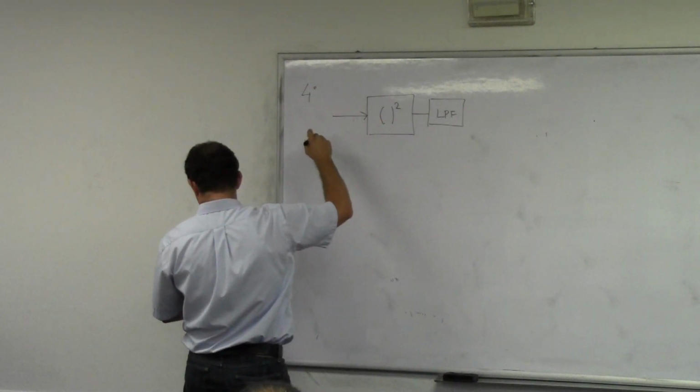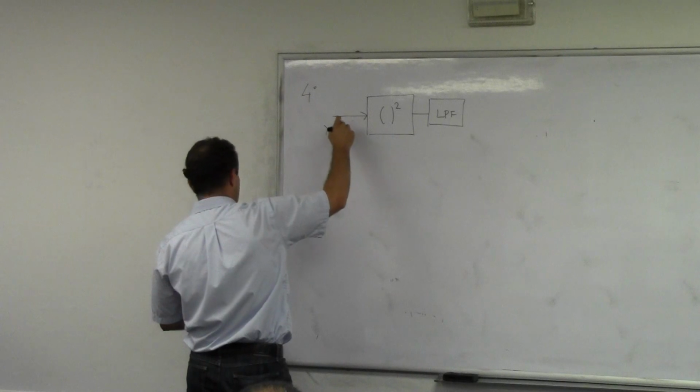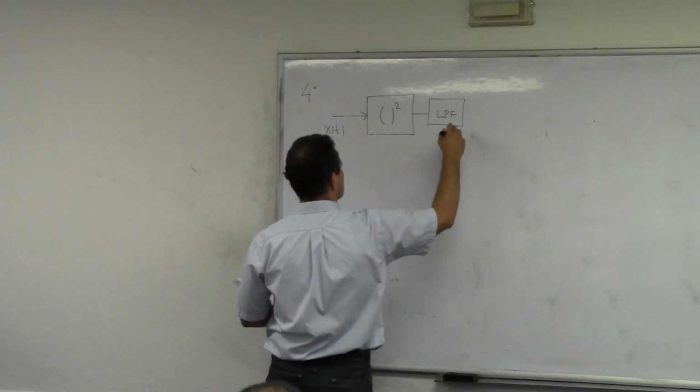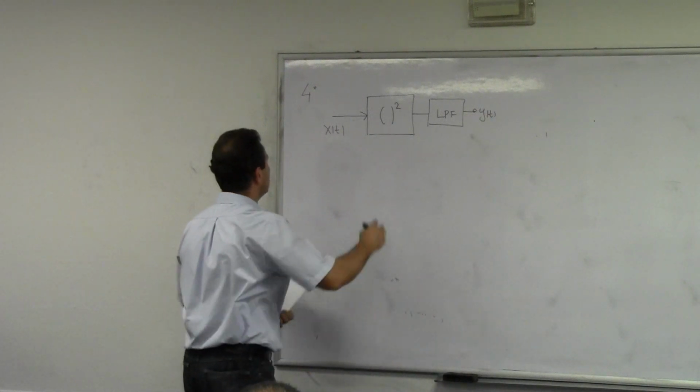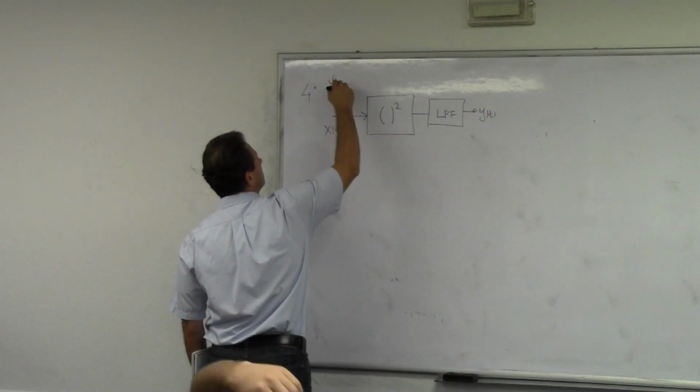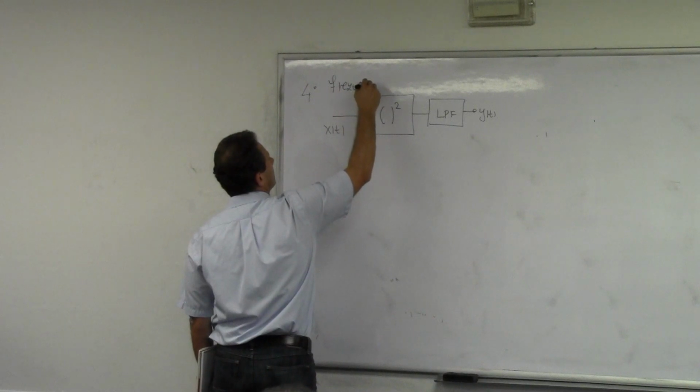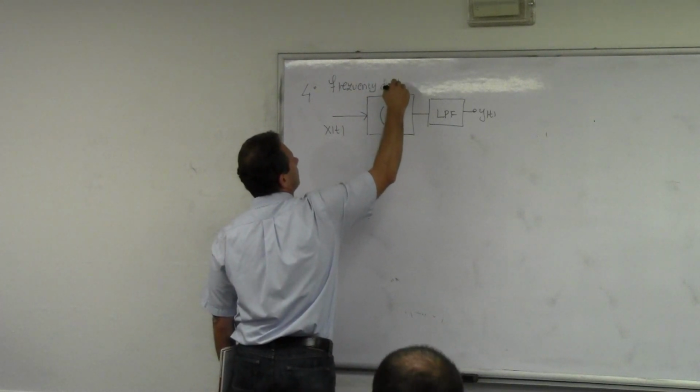And here I'm going to feed x of t. And the question here is, what is y of t? If I want to double the frequency, so this is frequency double.